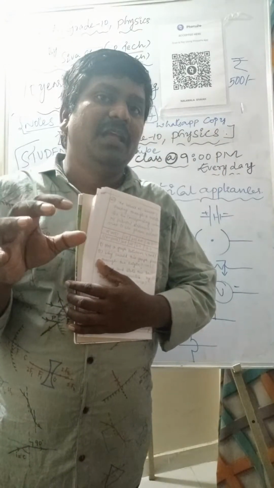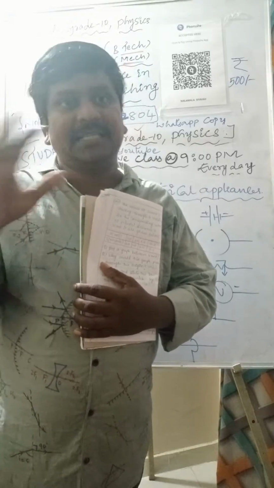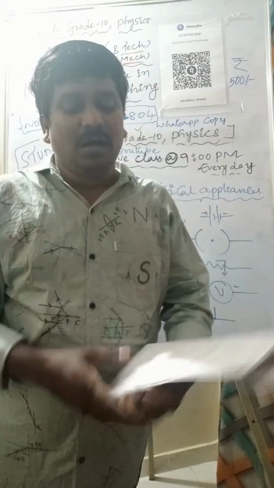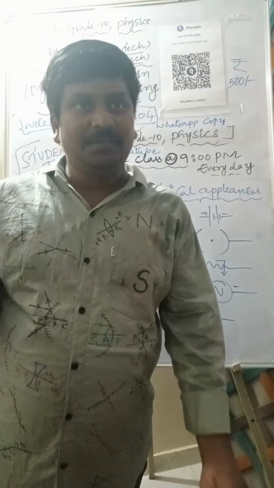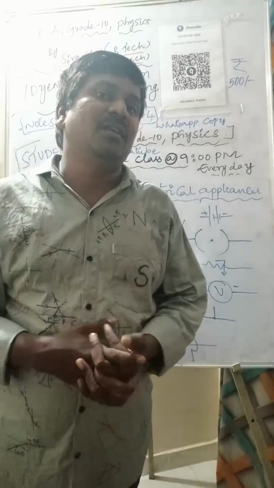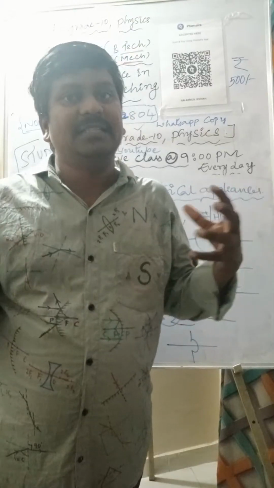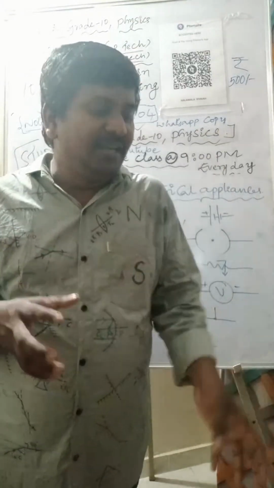See, if CBSE people want to touch your basics, how good you are at the basics, how you are preparing, whether you went through the basics or not, if they want to test the students' basic knowledge, definitely they will ask this type of questions.